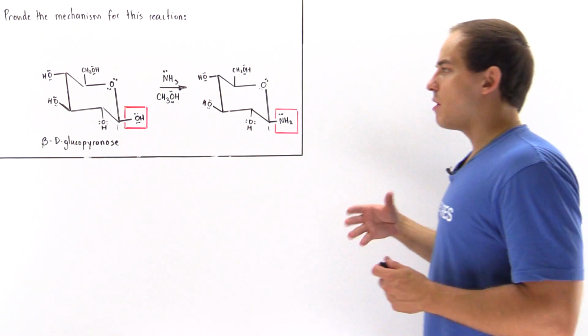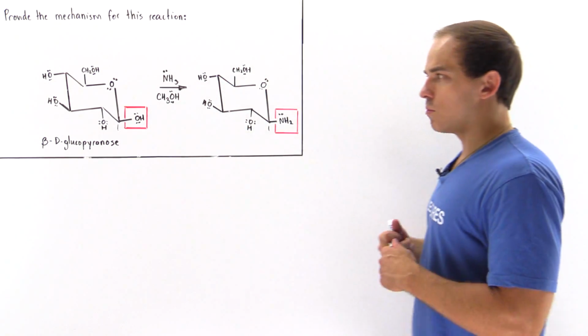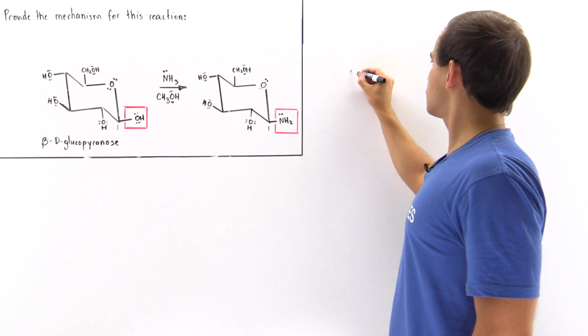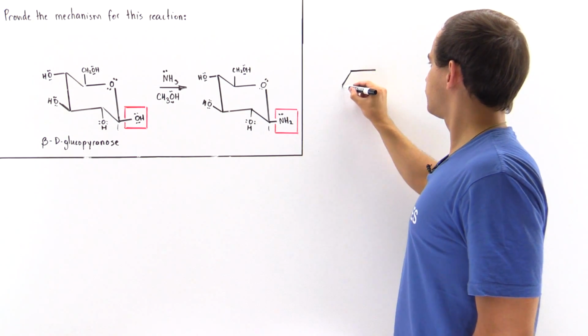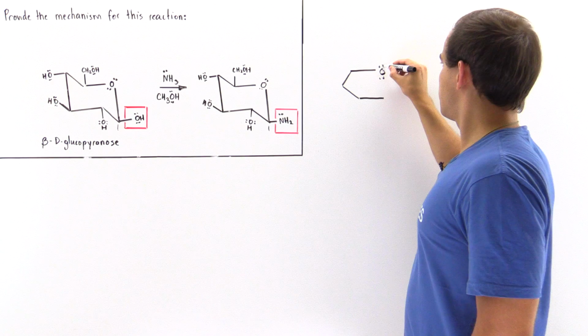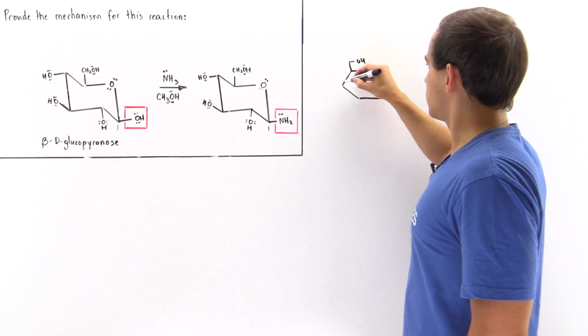So let's begin by redrawing the chair conformation of beta-D-glucopyranose with the Haworth conformation. So that looks something like this. So we have our primary alcohol.